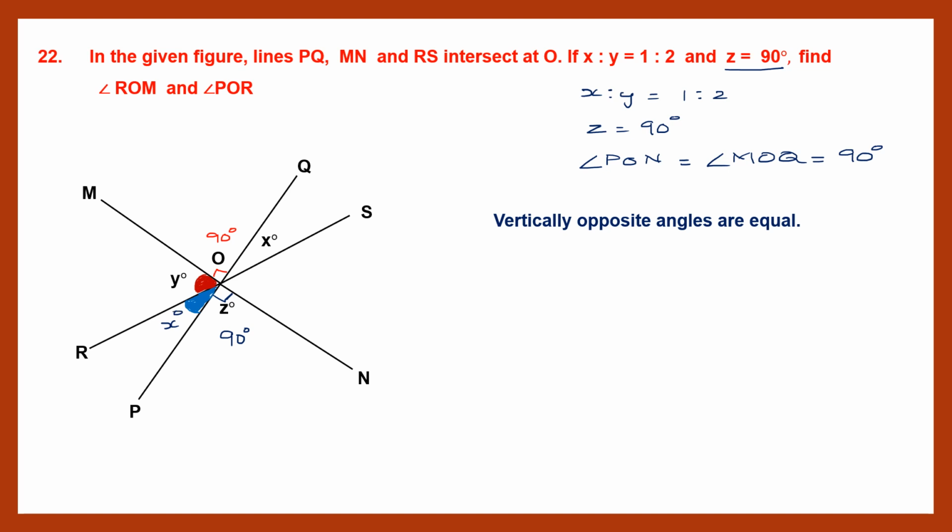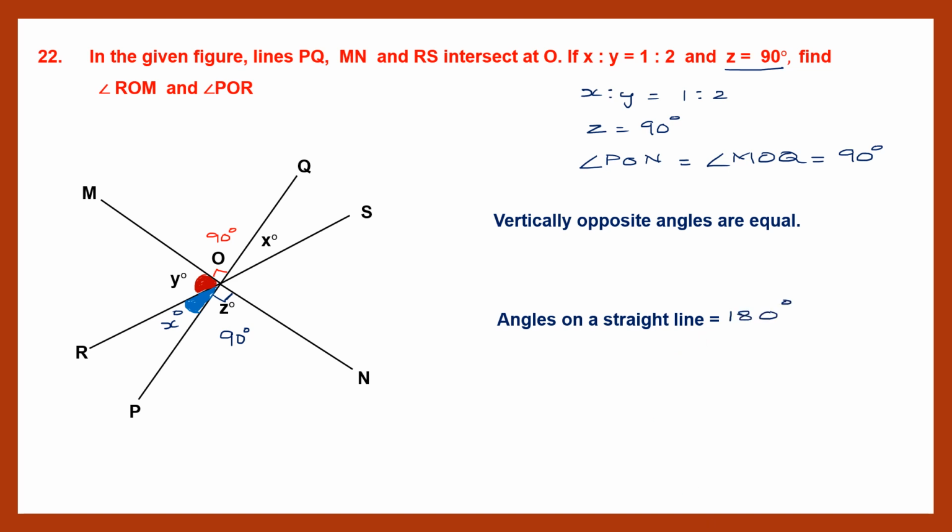Okay, now let's look at RS. RS is a straight line and there are three angles on top, and we know that sum of angles on a straight line is equal to 180 degrees. That means all three angles here should give us 180 degrees. So let's write that angles on a straight line equals 180 degrees.